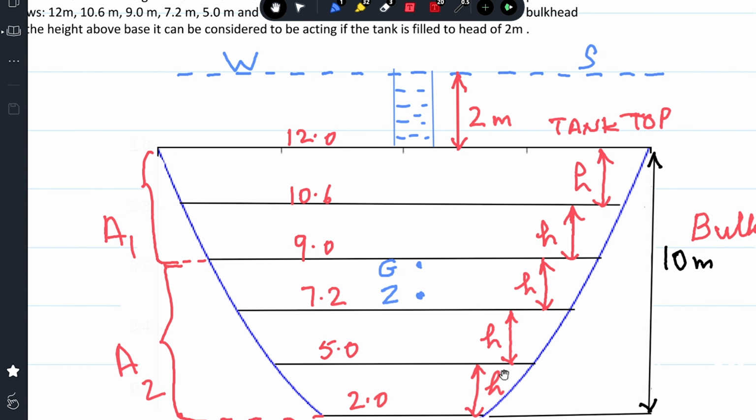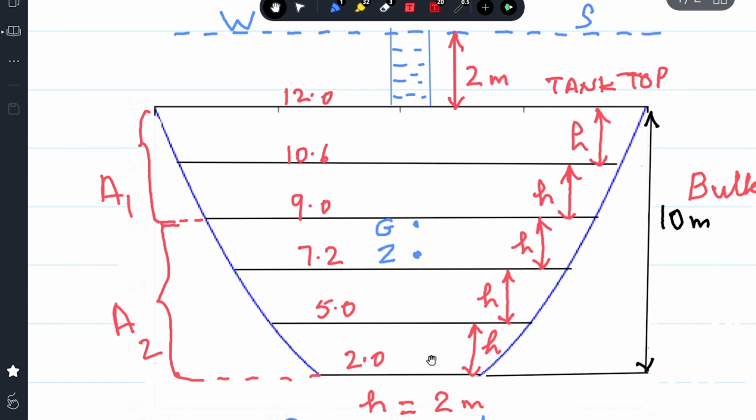So what will be the common interval? The height of the bulkhead is 10 meters and there are 6 ordinates. That means number of equal intervals will be 5, 6 minus 1. So you can see that this is 1, 2, 3, 4, 5. So h will be 10 upon 5. That will be 2 meters.